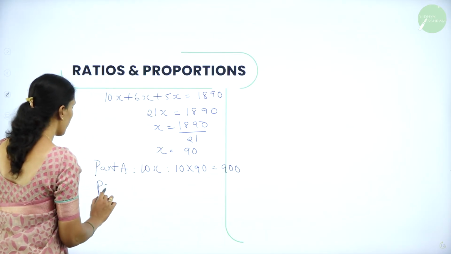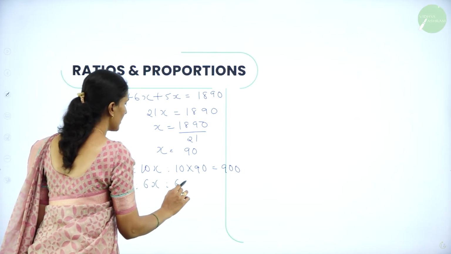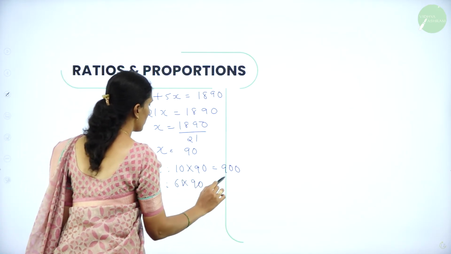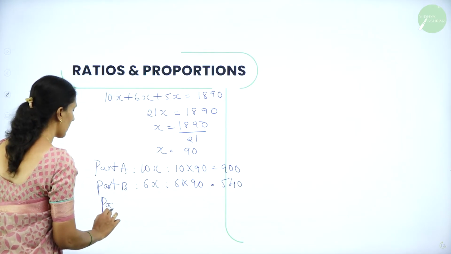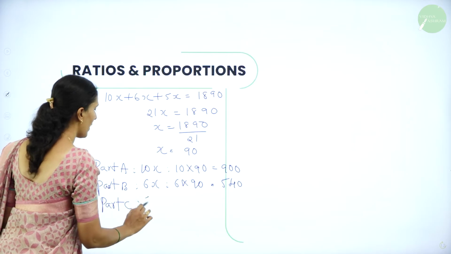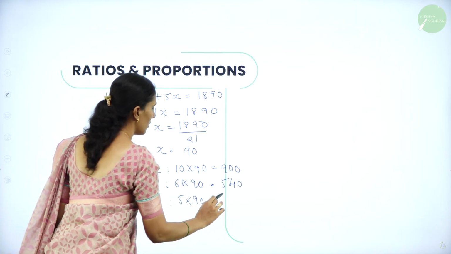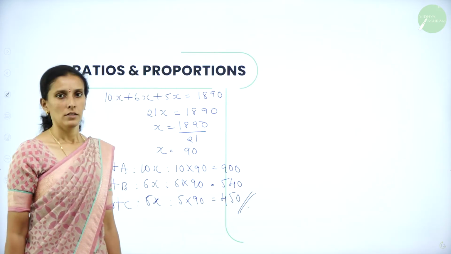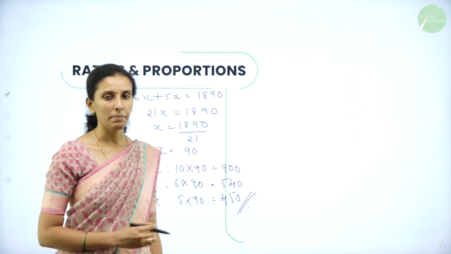Next part B, which is 6x. 6 into 90, 540. Next I have part C, which is 5x. 5 into 90, which is 450. So this is how we have divided the given sum into three parts.